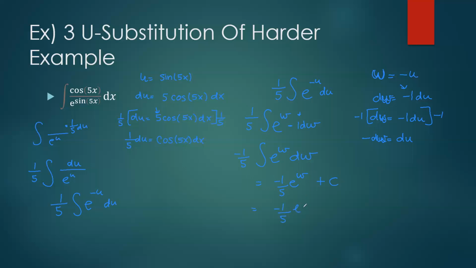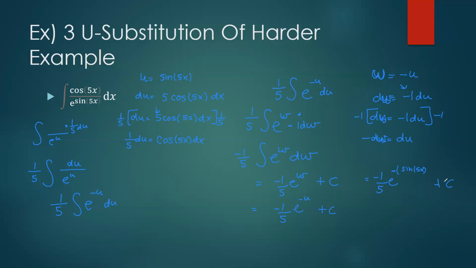W is the same thing as negative u. And then we also said that u is sin of 5x. So it's going to be negative 1/5 e to the negative u, where you replace u with our original u, which is sin of 5x.